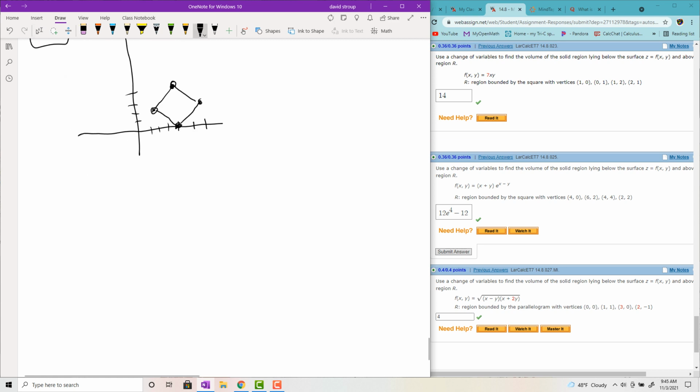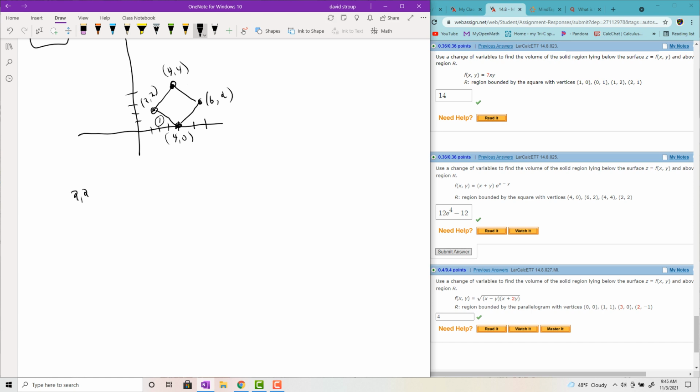Okay. All right. So let me mark down what these points are. This is 4, 0. This is 6, 2. This is 2, 2. And then this one is 4, 4. All right, so let's get this line first.